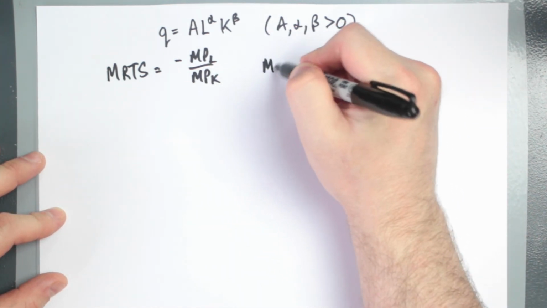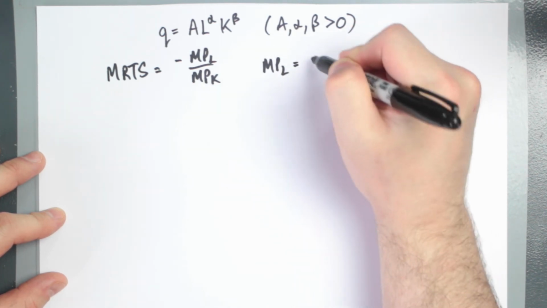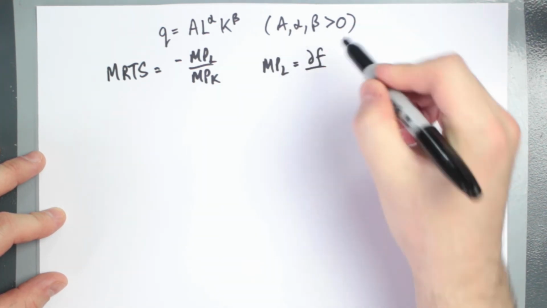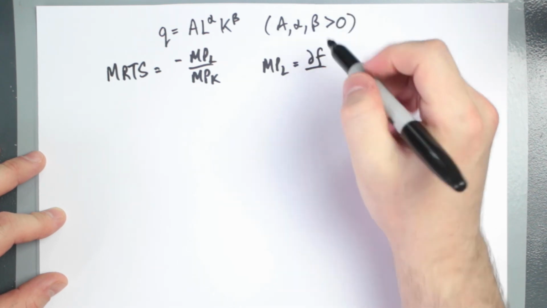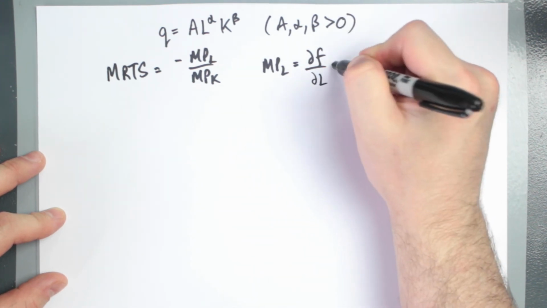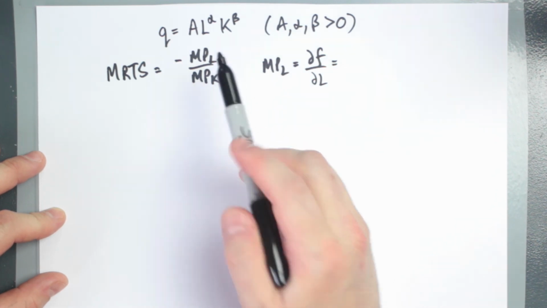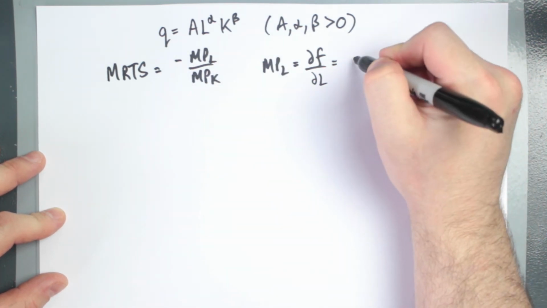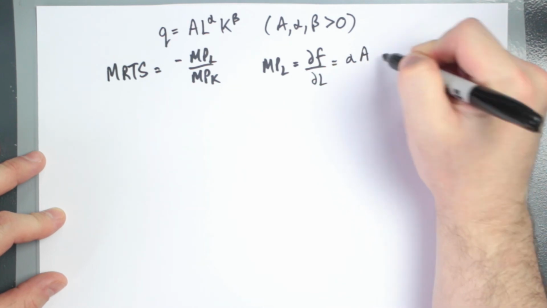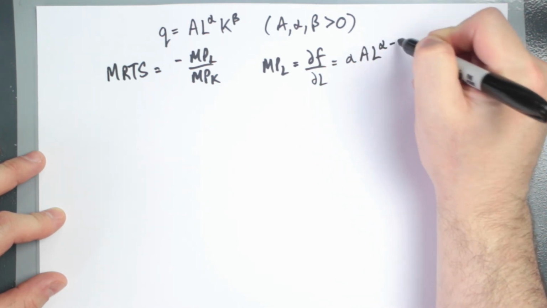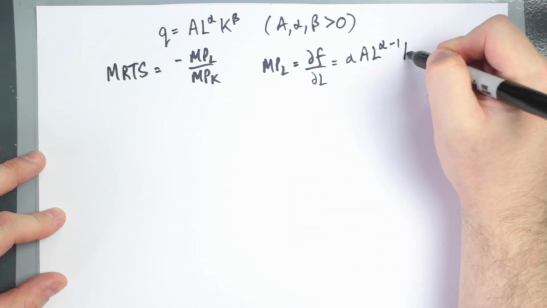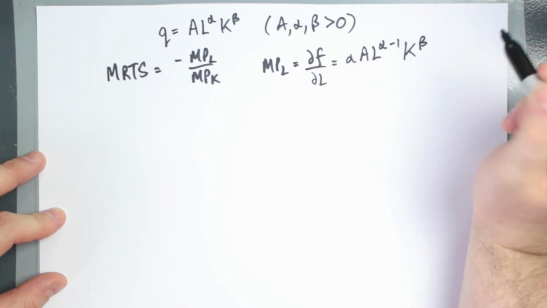Well, MPL, the marginal product of labor, is simply the partial derivative of the long-run production function with respect to labor. In this case, assume K is constant and take the derivative with respect to L. We get alpha A times L to the power alpha minus 1, K to the power beta.